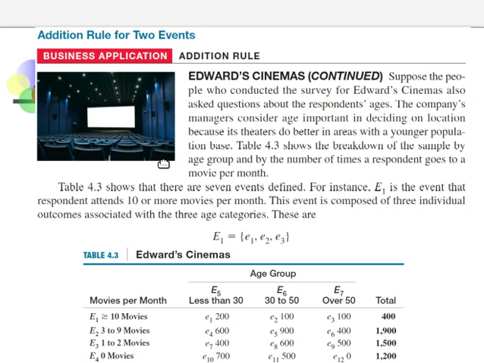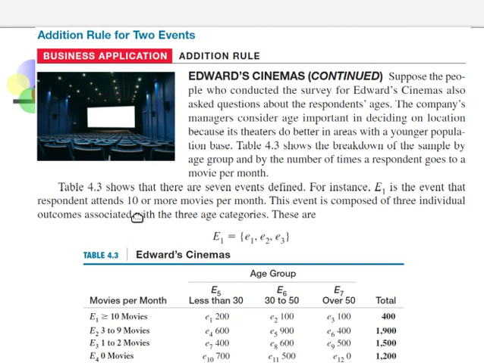The company's managers consider age important in deciding on location because its theaters do better in areas with a younger population base. Table 4.3 shows the breakdown of the sample by age group and by the number of times a respondent goes to a movie per month.